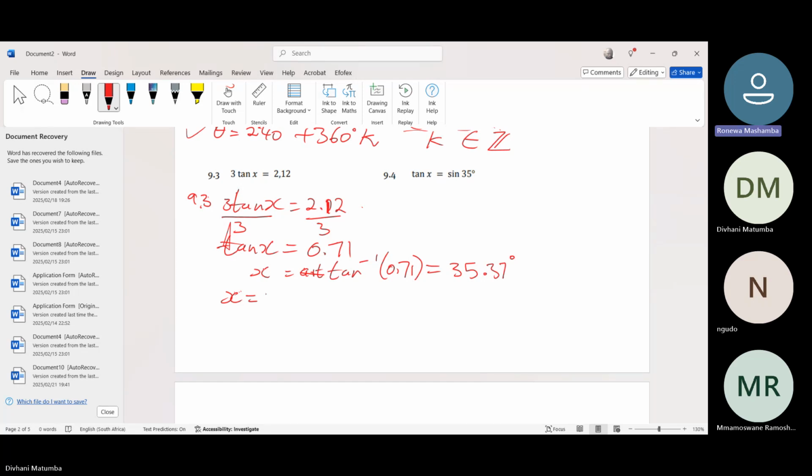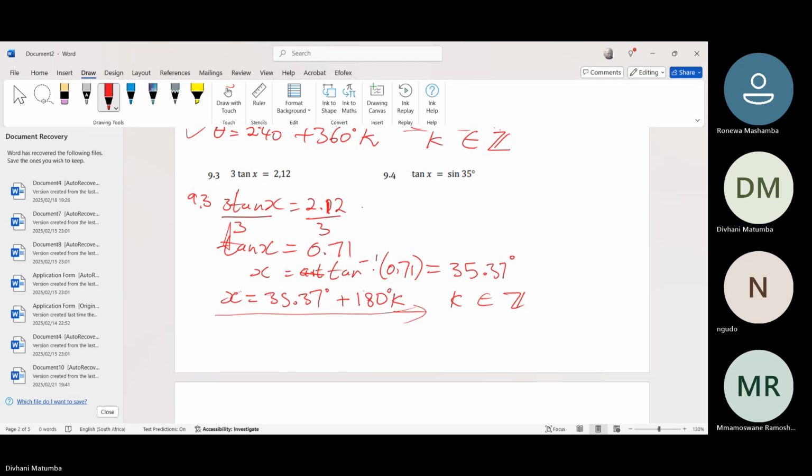You just take the angle, 35.37, then you remember the structure of our general solution: it was plus what? Plus 180K. It's very easy. You just copy the structure. That's it.